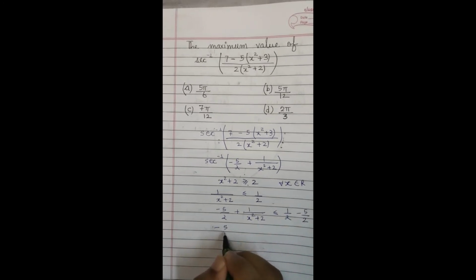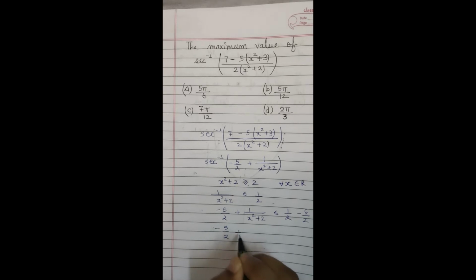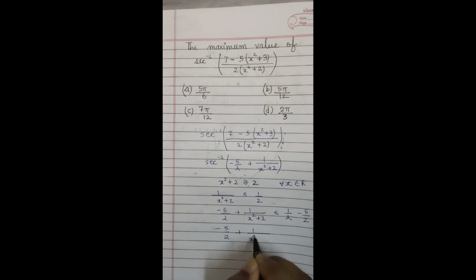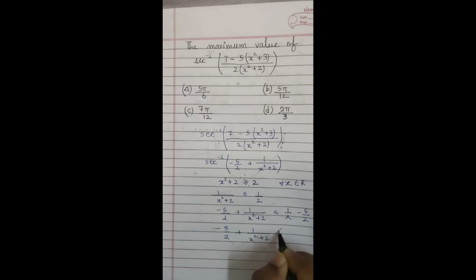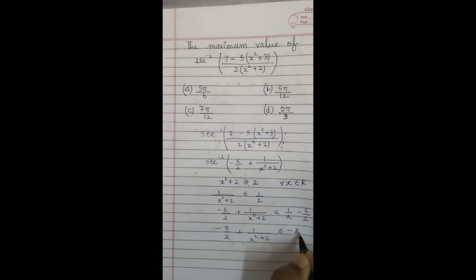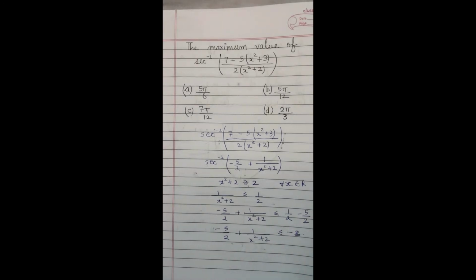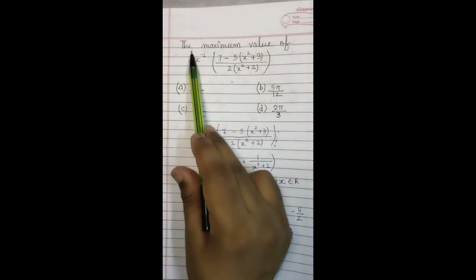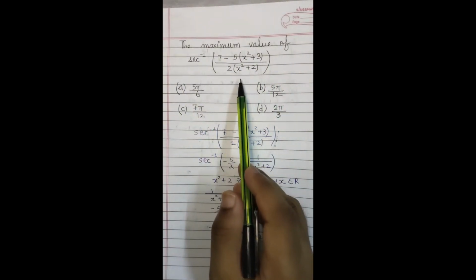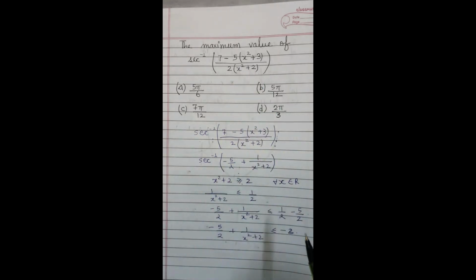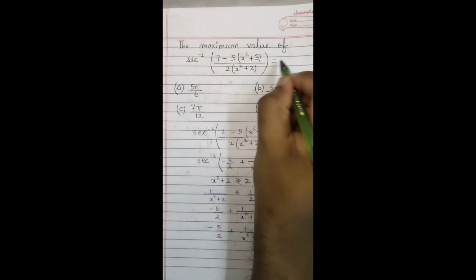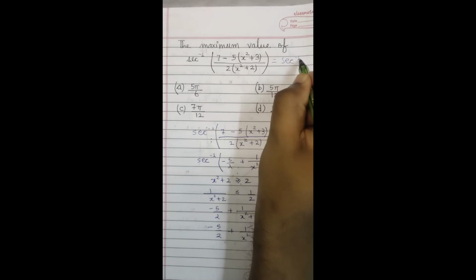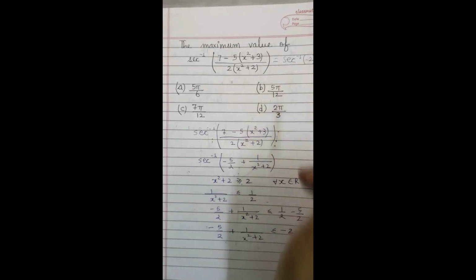So we have minus 5 by 2 plus 1 upon x square plus 2 less than equal to minus 2. So I can say that this particular function will have maximum value as secant inverse minus 2. Maximum value will be secant inverse minus 2.